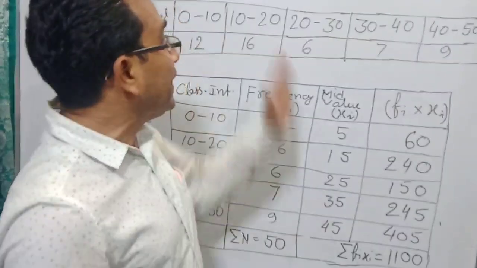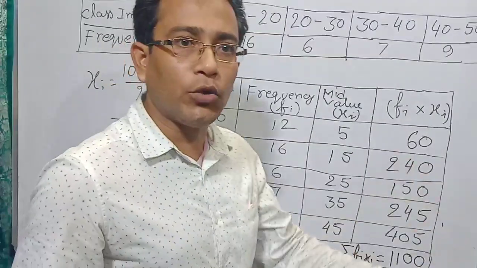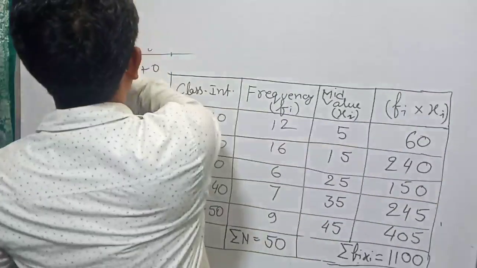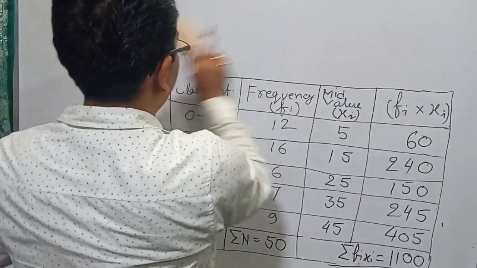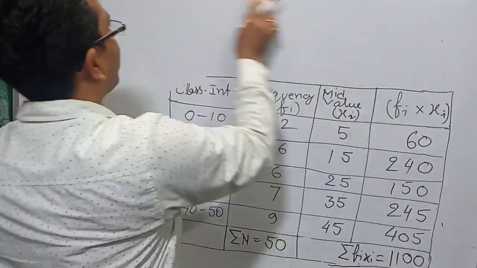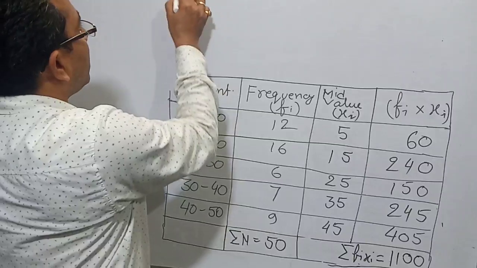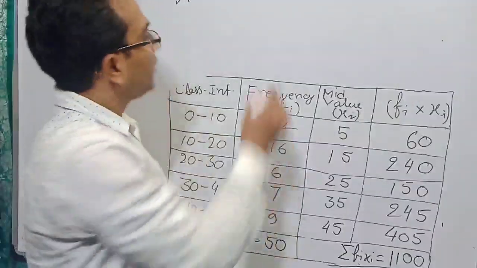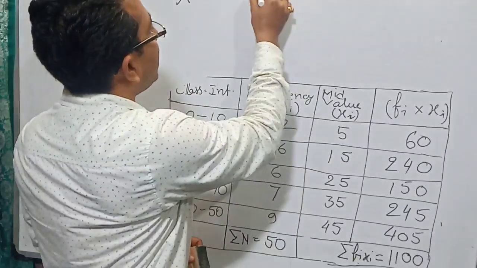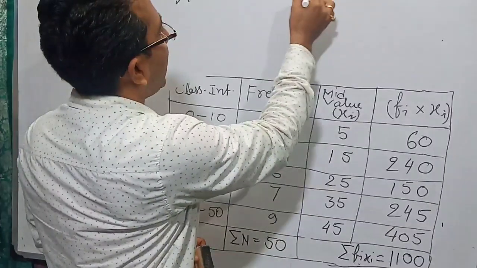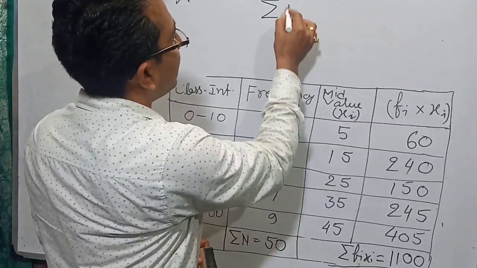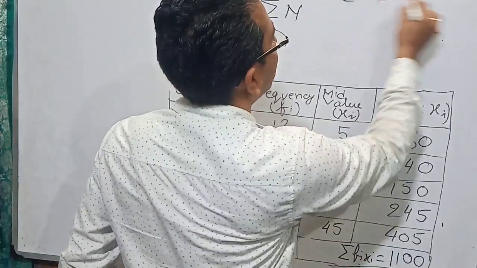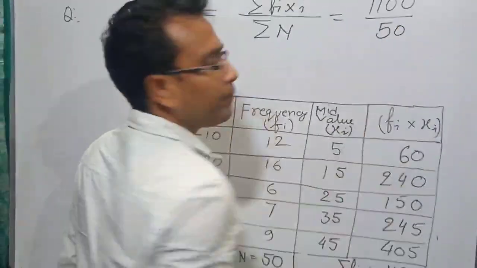So in the direct method, how shall we calculate the mean value, that is the average value? Normally mean is indicated by x bar. Summation of Fi Xi divided by summation of n is equal to 1100 by 50.